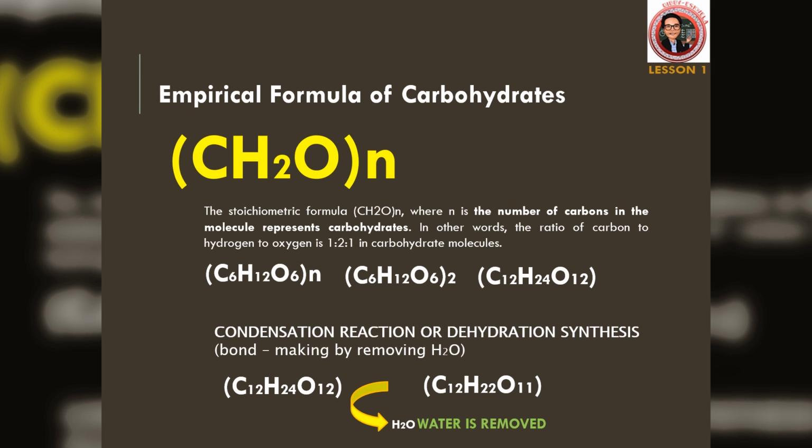And water has a molecular formula of H2O. Kaya sa halip na C12H24O12, naging C12H22O11 na lang kasi 2 hydrogen atoms and 1 oxygen atom are taken out to form water, to form disaccharide from the combination or reaction of 2 monosaccharide molecules.